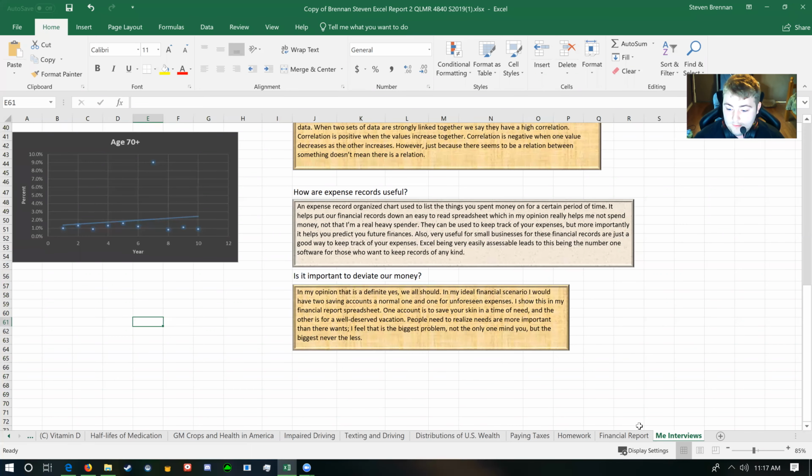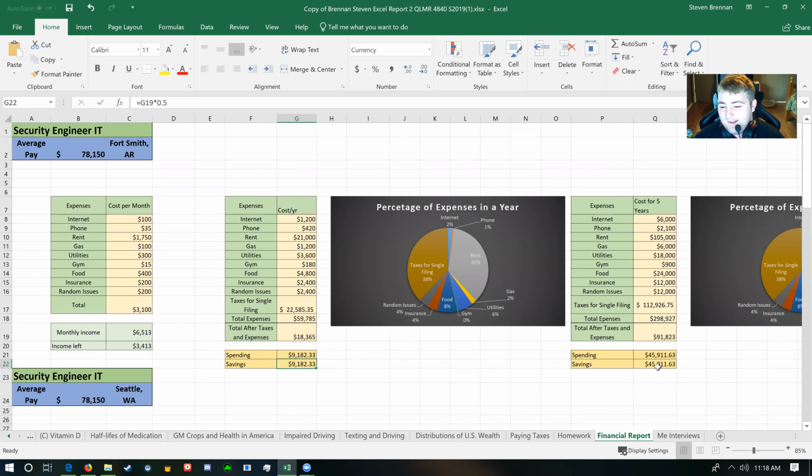And you can see I did that with savings. Basically, I just took my yearly total and I subtracted that, and I found my savings out of everything. But for this random issues, I would make a second savings account.